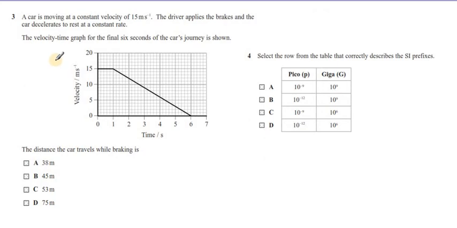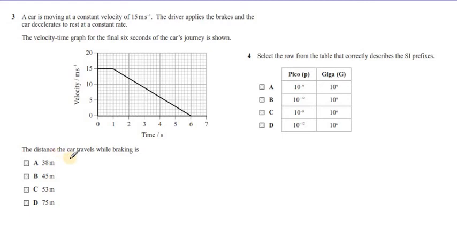Question number 3. A car is moving at a constant velocity of 15 meters per second. The driver applies the brake, and the car decelerates to rest at a constant rate. The velocity time graph for the final 6 seconds of the car's journey is shown. Okay, this is the graph for the final 6 seconds.